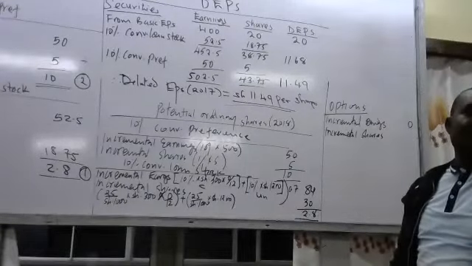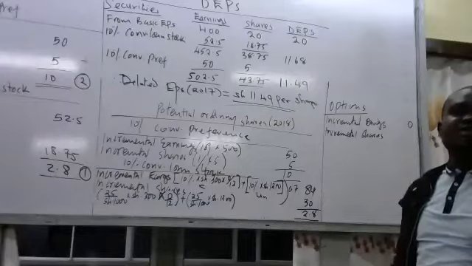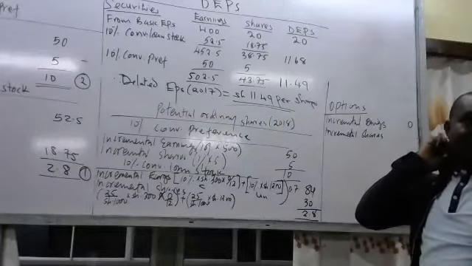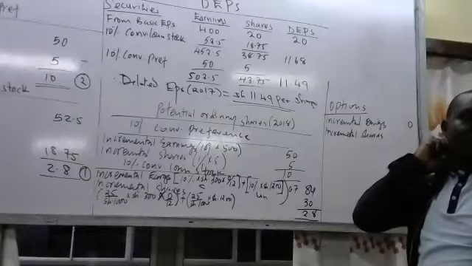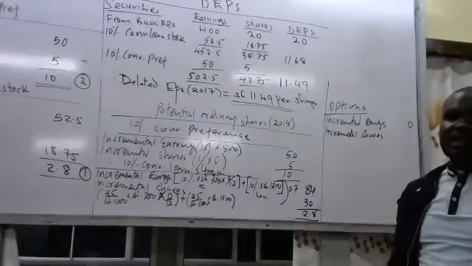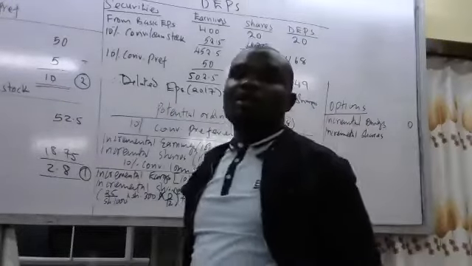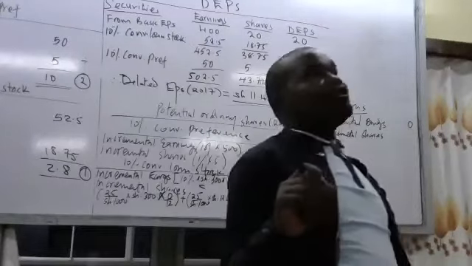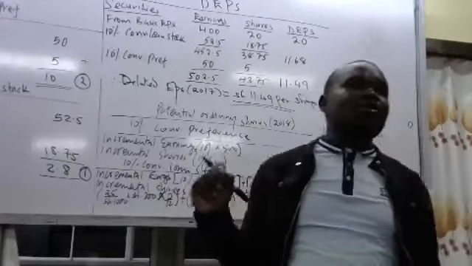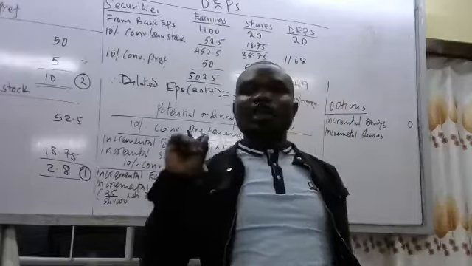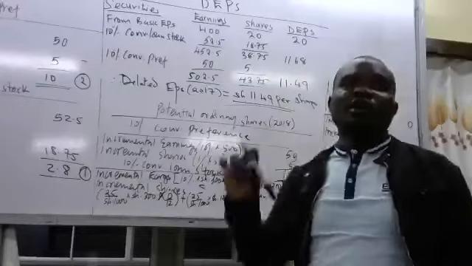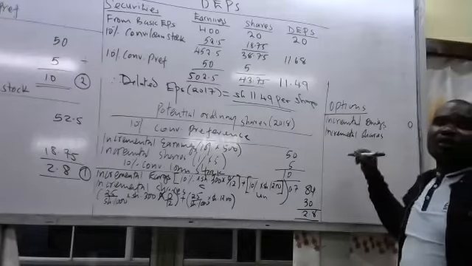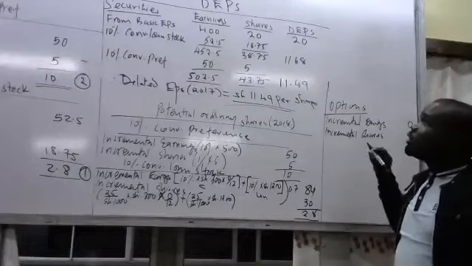Incremental shares, I said you check the difference between the exercise price and the market price. Market price, check note 4. What was the market price for those shares? 125. And they were given to exercise at what price? 120. So the incremental is that difference. You take the number of options. How many options? 4 million.